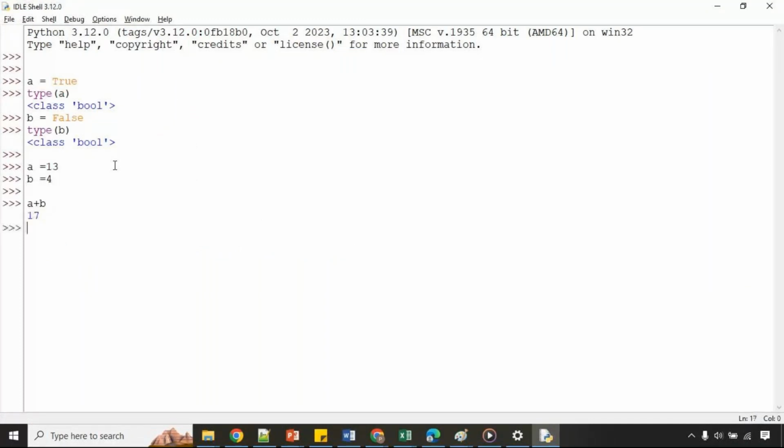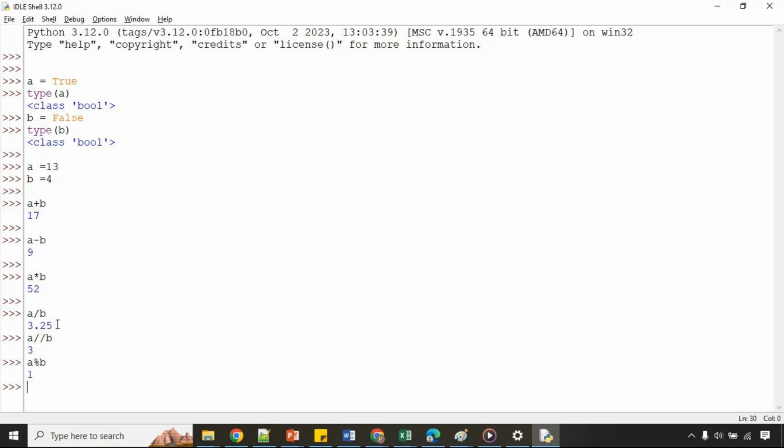A plus B is 17, A minus B is 9, A into B is 52. Remember this one, guys. A by B. Okay, guys, please make sure that whoever joins remembers A by B, then modular division and A percentile.